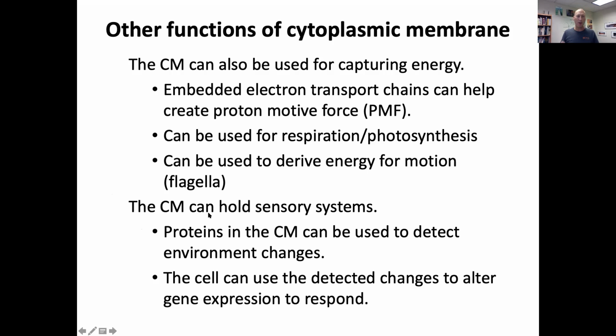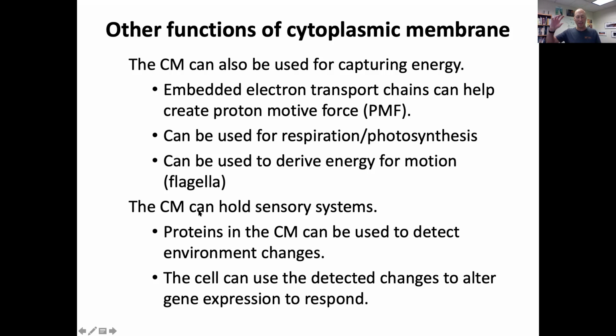And then, of course, remember last week we were talking about how a key function of cells is the ability to sense and respond to the environment. Because the cytoplasmic membrane is one of the interfaces between the bacterial cell and the environment, many sensory systems are embedded in that cytoplasmic membrane.